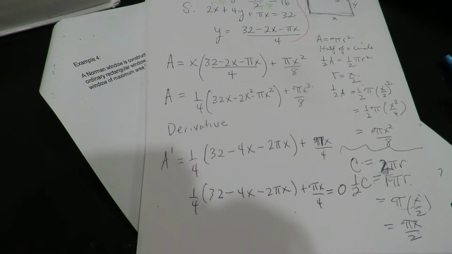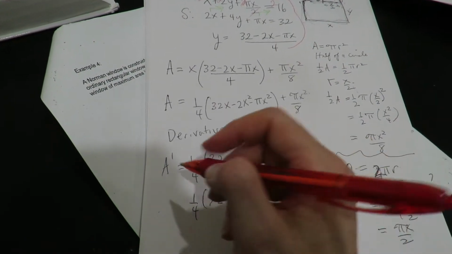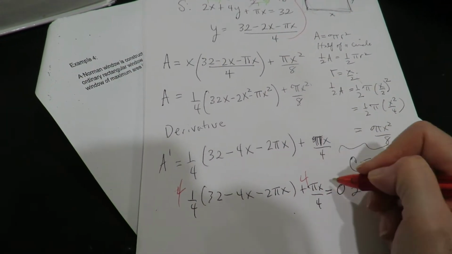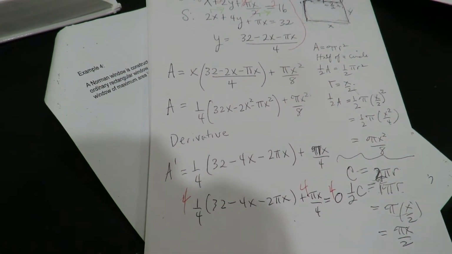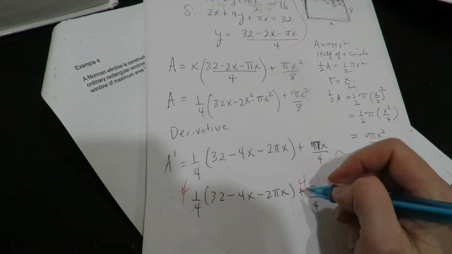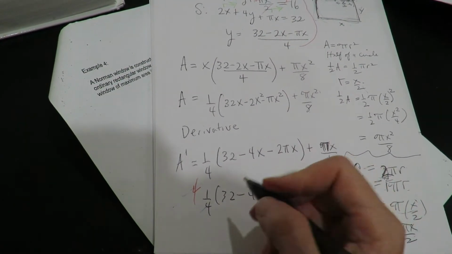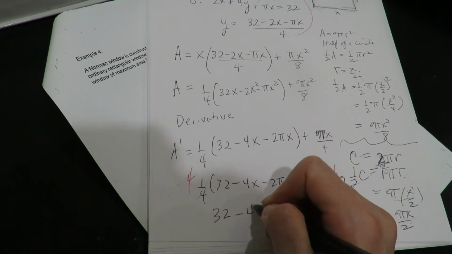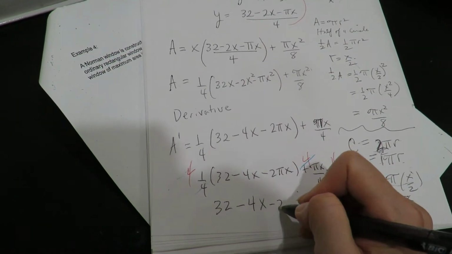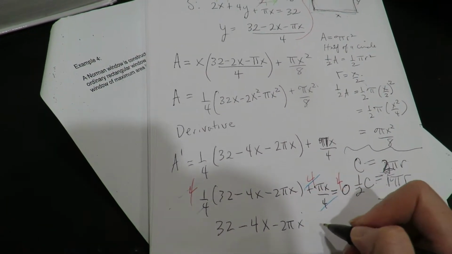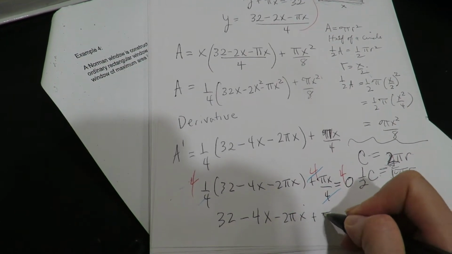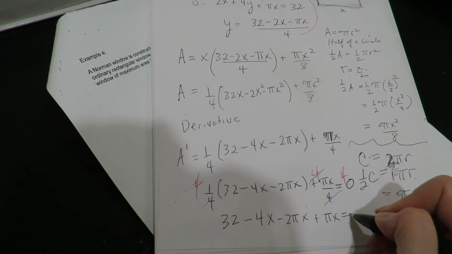Alright, we could just multiply everybody by 4 at this point, and that would get rid of the fractions. So 32 minus 4x minus 2 pi x plus pi x equals 0.